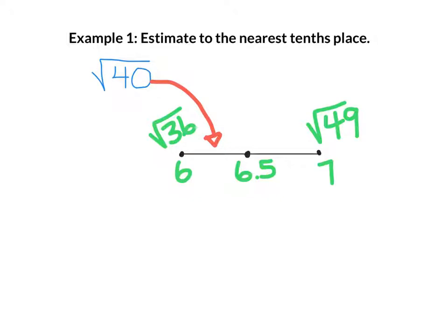So we're going to make an estimate, and it's approximately, the little squiggles mean approximately, 6.3 or approximately 6.4. Since the square root of 40 is closer to 36, our estimate should be closer to root 36, or 6.